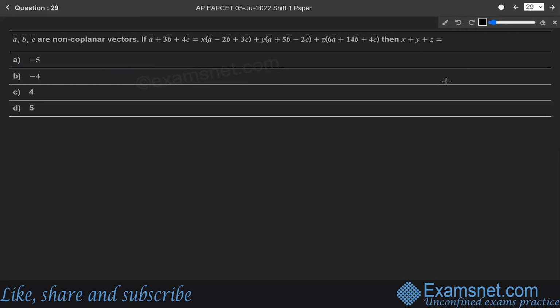Next question comes from vector. A vector, B vector and C vector are non-coplanar vectors.